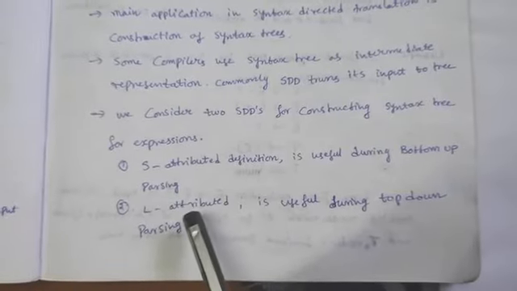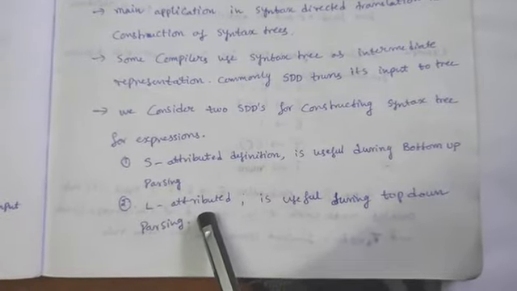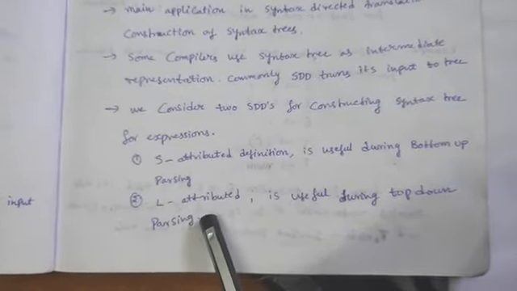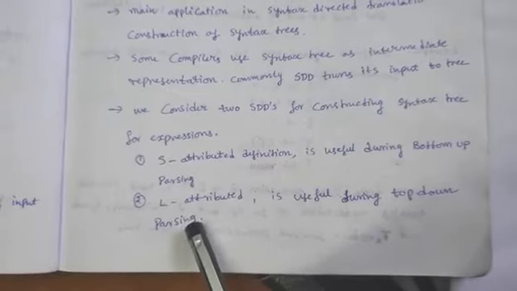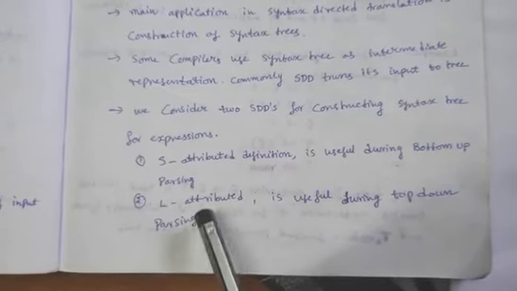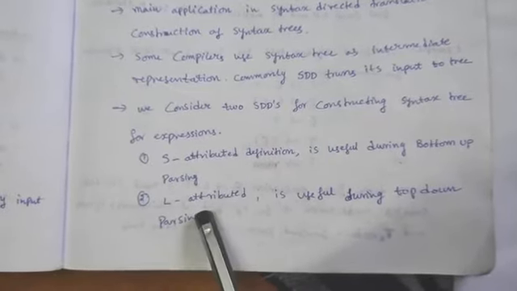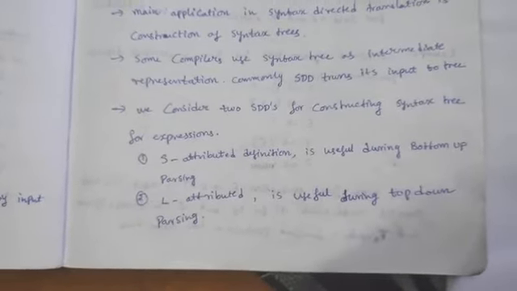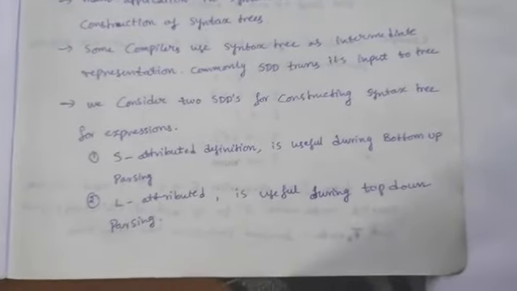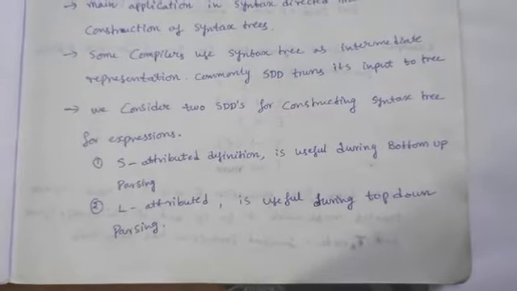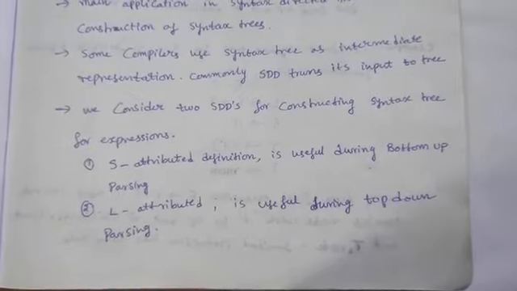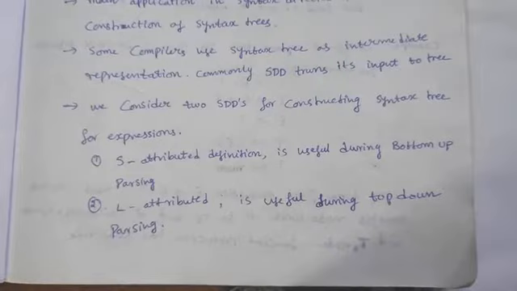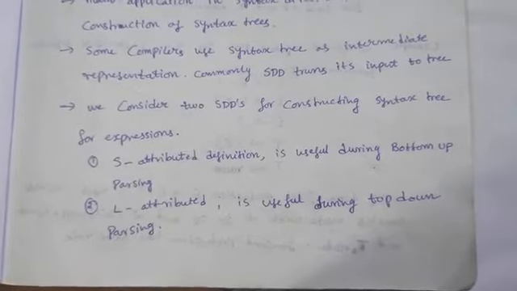If any parse tree contains at least one inherited attribute, then it is called an L attributed definition. So the difference between L and S is that if all are synthesized attributes, it is an S attributed definition. If any one of them is an inherited attribute, then it is an L attributed definition.